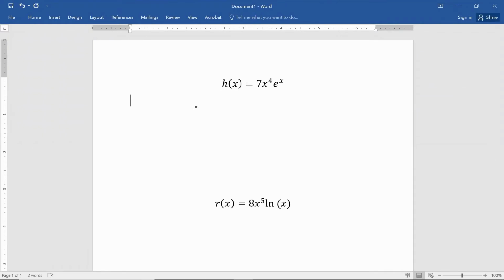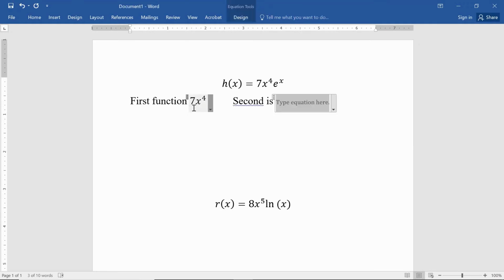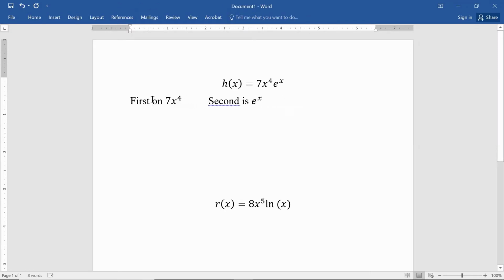And again, it's the product of two functions. The first function is the 7x to the fourth. Now, I probably should say the first expression, not the first function.